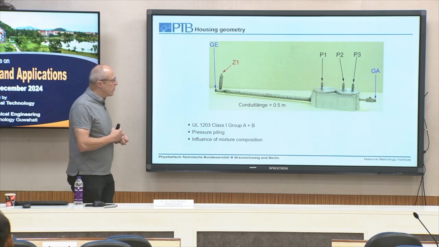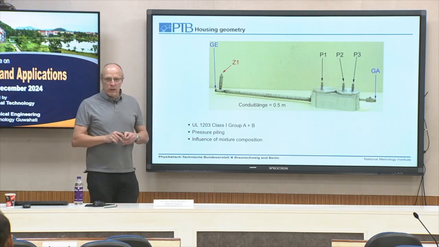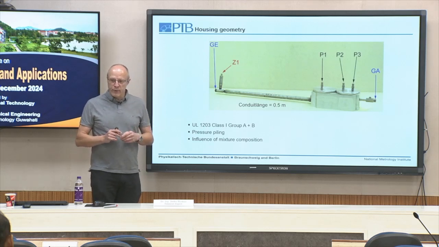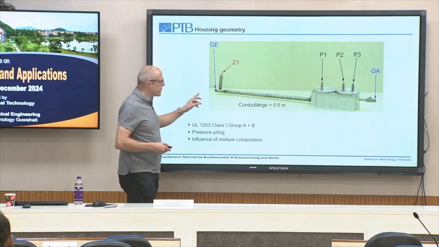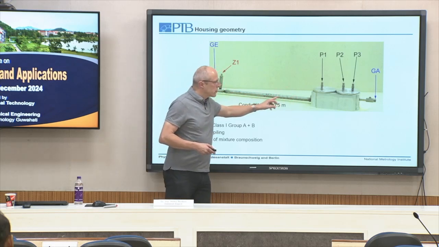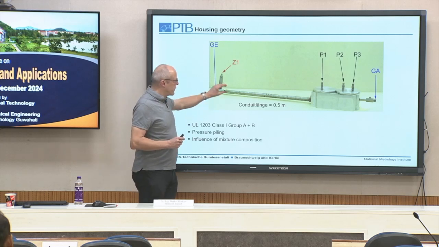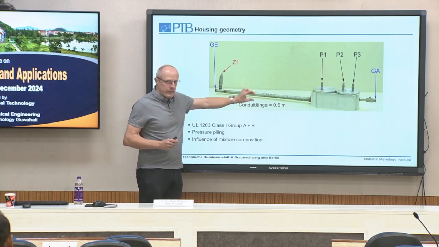Of course, even without detonation, we can see different influences, and this is especially when we have complex geometries like this here. So in the US, they use normally these so-called conduits.